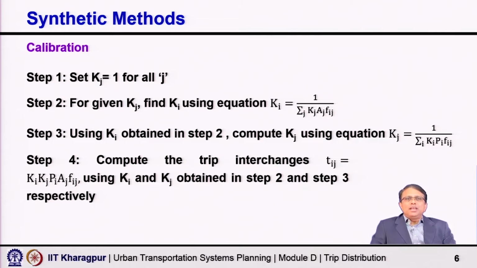We also have the given values of Pi for all i and Aj for all j, and we know the Fij values, as I explained in the beginning of this lecture and in the previous lecture, on how we can develop Fij values. So all are known, and I can calculate the Tij values.